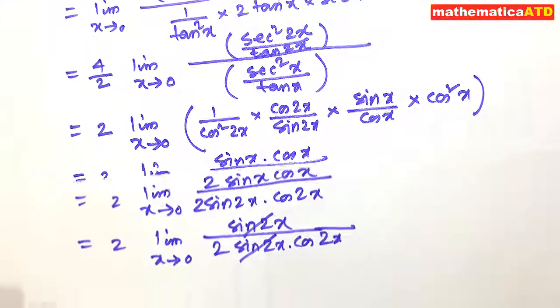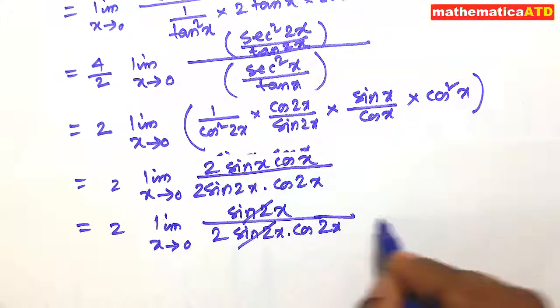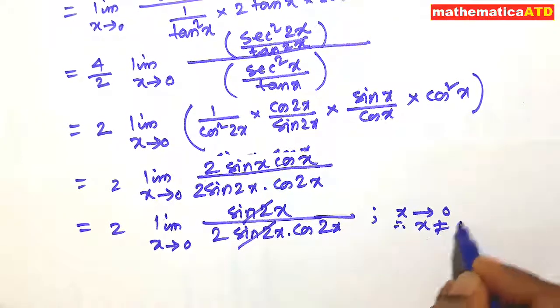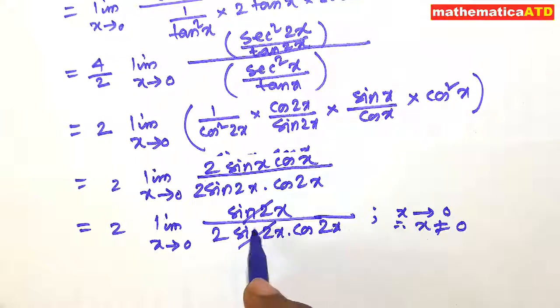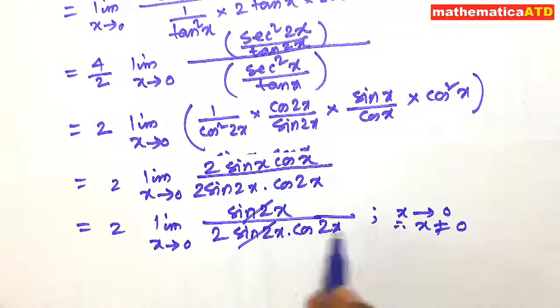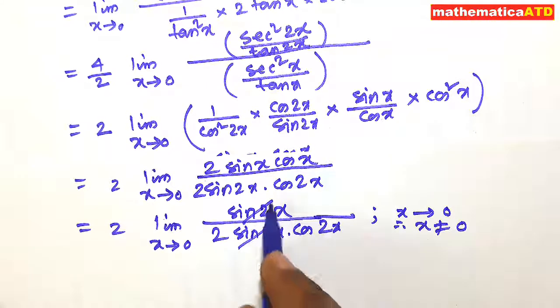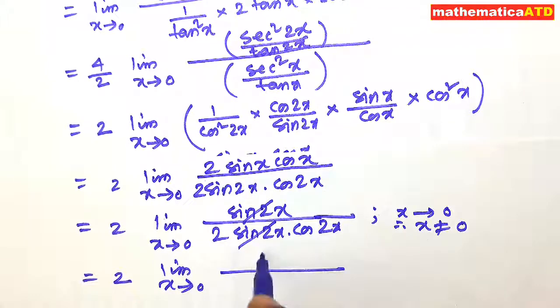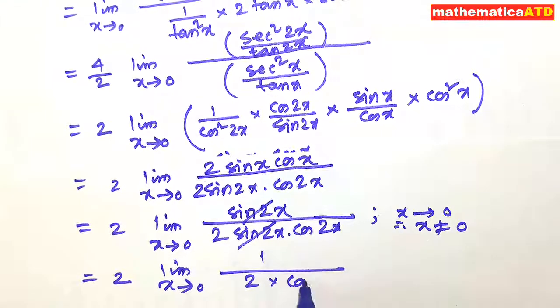So we can write here, x is tending to 0, therefore x is not equal to 0. When x tends to 0, sin 2x is also tending to 0 but is not equal to 0, so we have cancelled sin 2x. So this can be written as twice of limit x tends to 0 of 1 by 2 into cos of 2x.